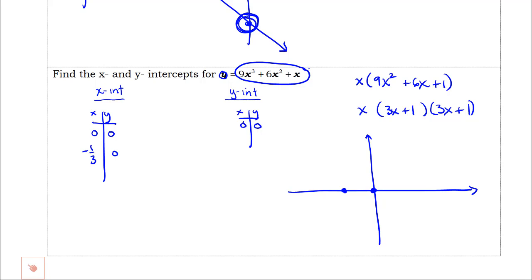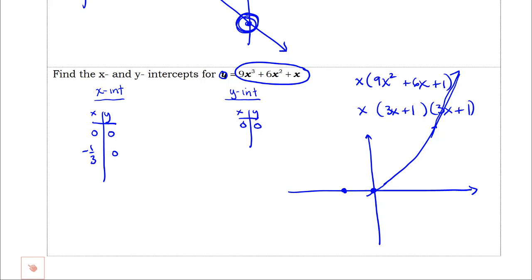It's going to get bigger and bigger and bigger positively, right? So we're thinking something like this, right? It's going to go off forever to the right, but it's got to do what? Cross the origin.